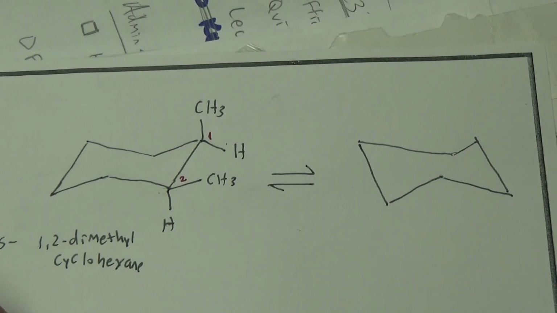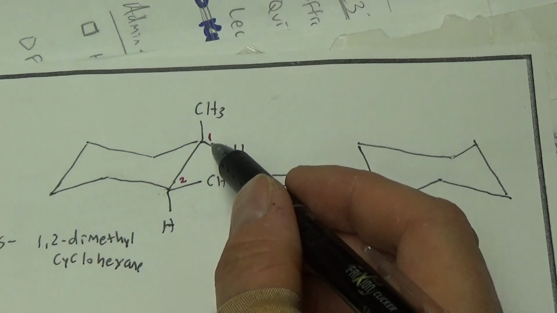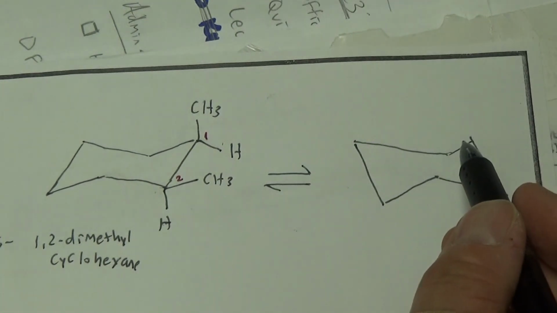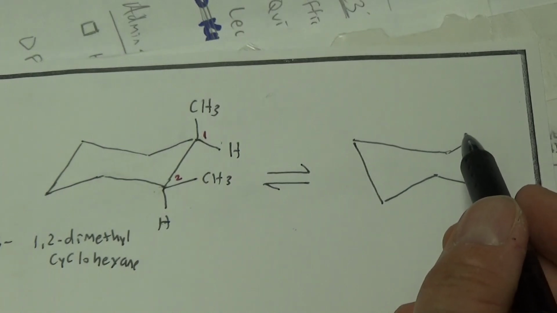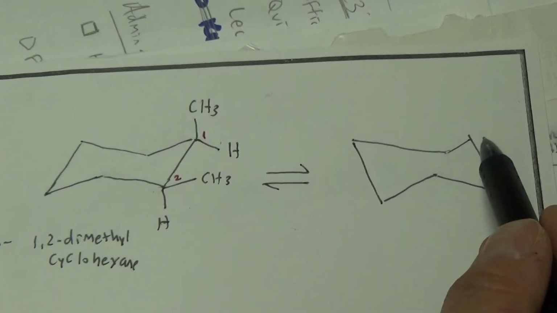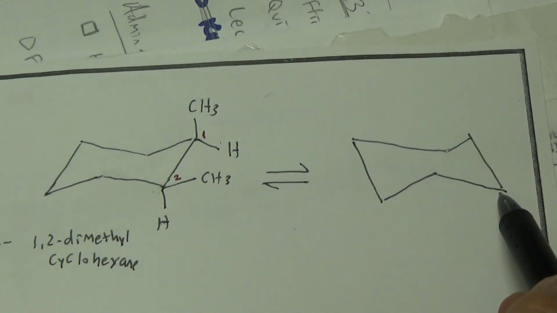The top right carbon is up in axial, right? Over here it can't be up in axial. It has to be up in equatorial, right? So where is that carbon going to be now? It can't be there. It can either be there or there, and it's your choice.